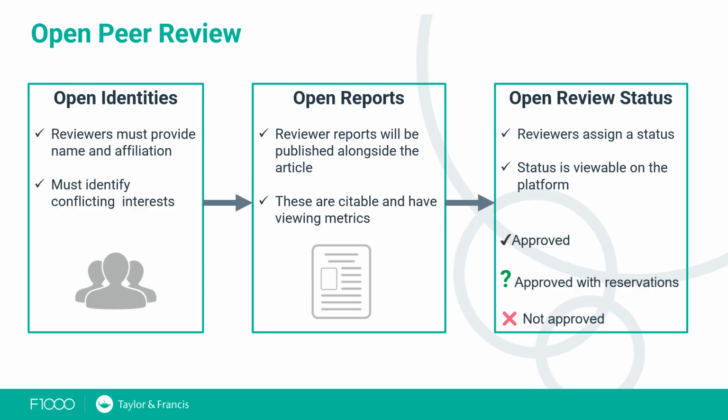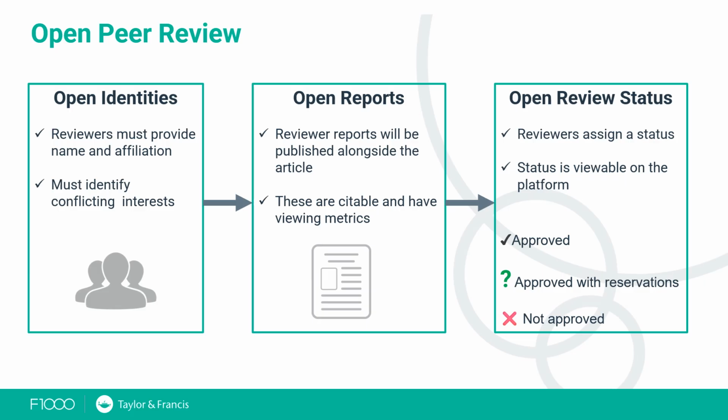We have 3 statuses they can choose from: approved, approved with reservations, or not approved. So approved, no content changes are needed, maybe some minor style changes or language edits, but nothing that would require another version.